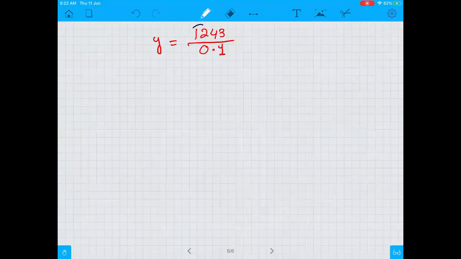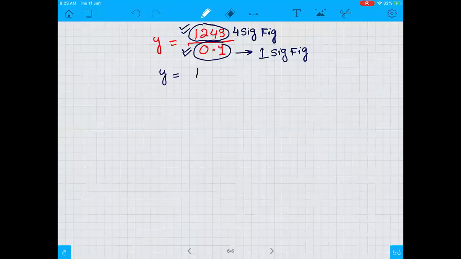You see, here you have 4 significant figures, and here you have only one significant figure. So this number has 4 significant figures and this number has one significant figure. Now as a result, if you divide these two numbers, the answer would become 12430. But this answer is not acceptable as the significant figures are not correct.